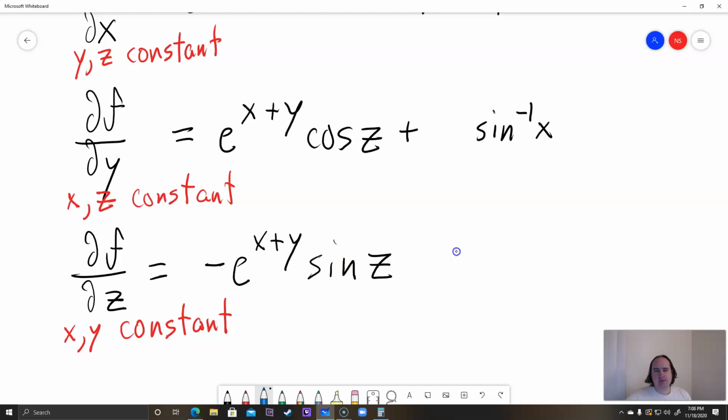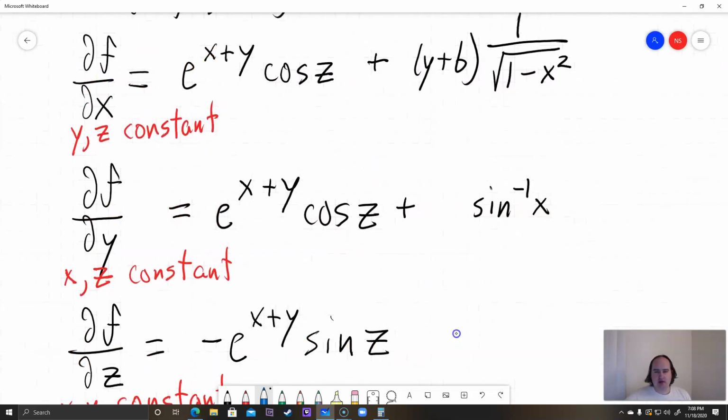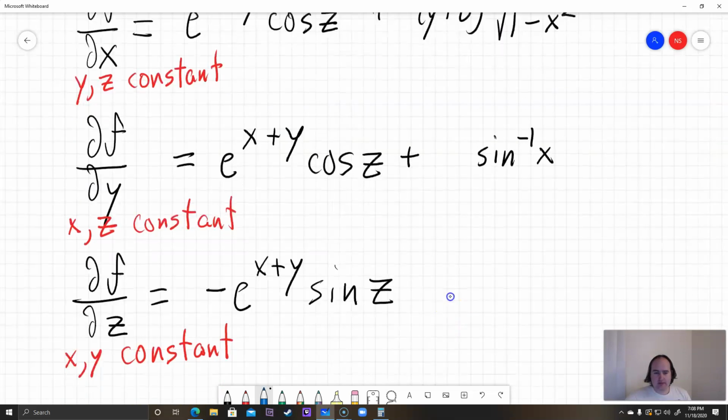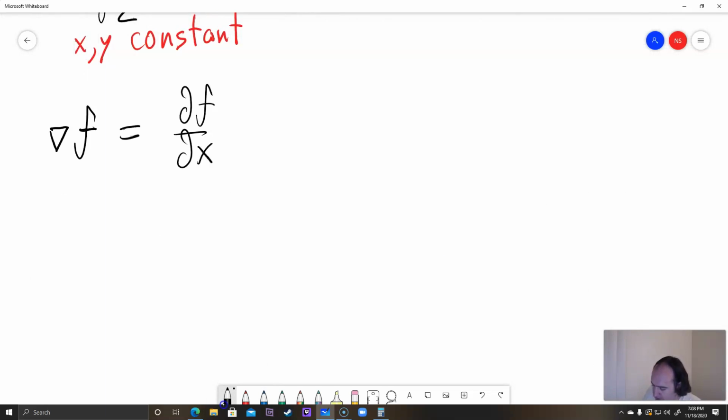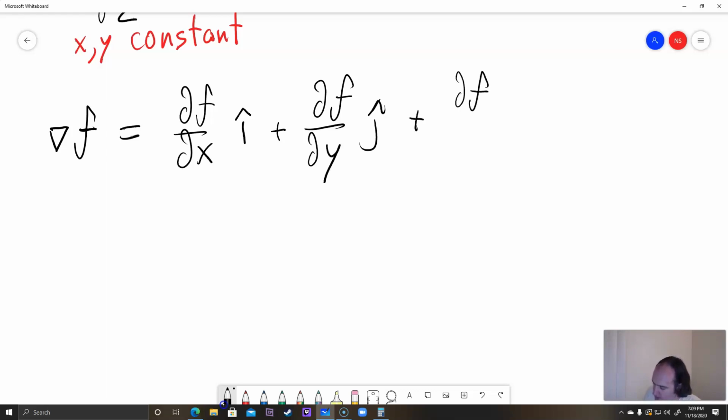Okay, so now that we have the three partial derivatives, we're ready to go ahead and write down the gradient. So what's the formula for the gradient? Well, gradient of f, or del f, equals partial f partial x times i plus partial f partial y times j plus partial f partial z times k.